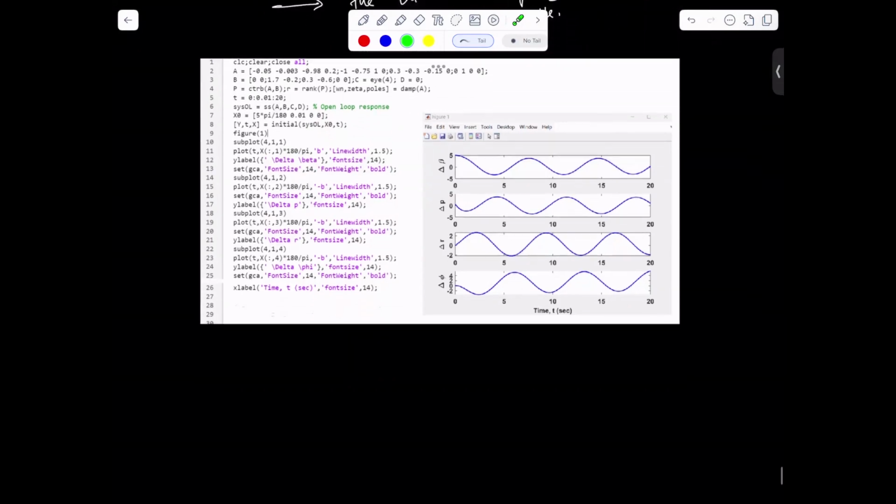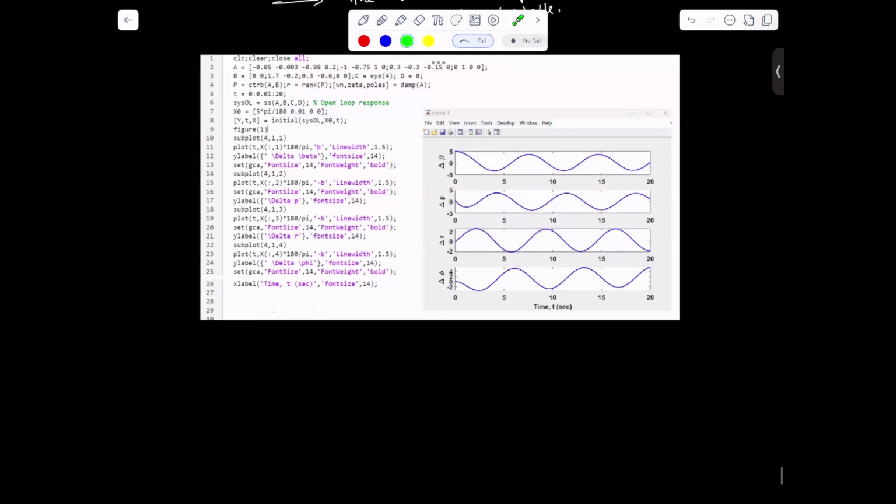Now we'll design the control and we'll see how this response goes to 0 over time. The initial condition will be assumed to be the same, and we'll see how the control is going to mitigate these oscillations over time.